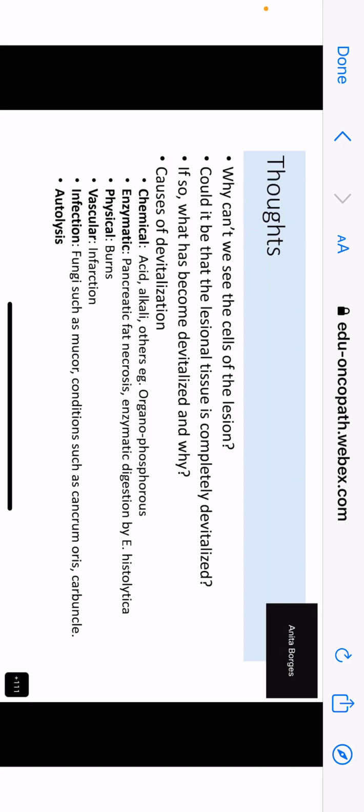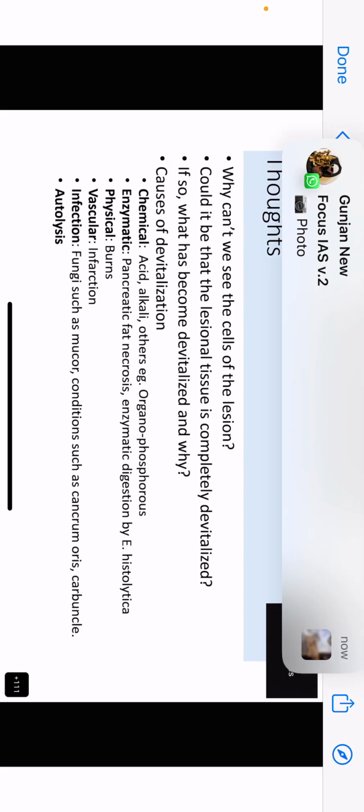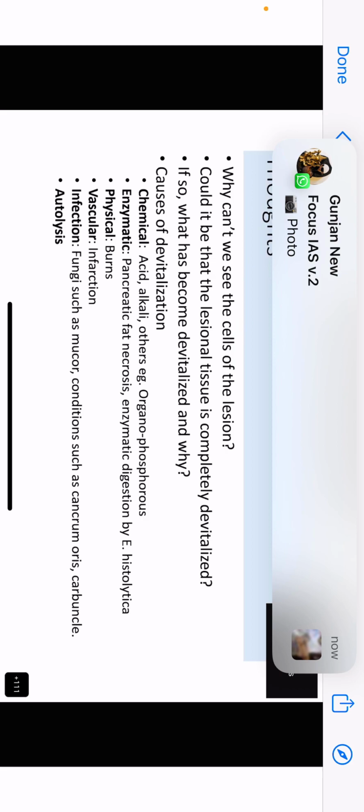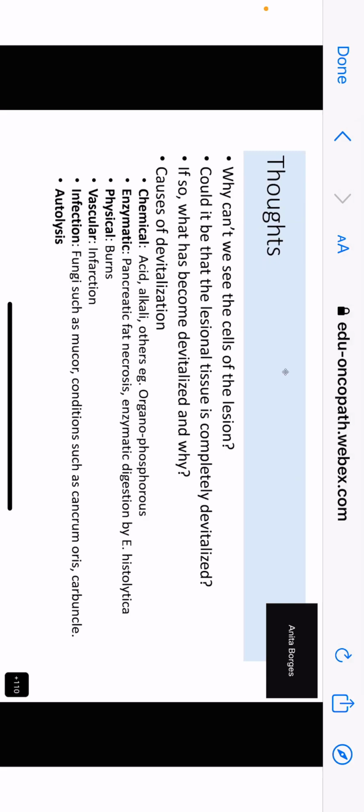All right. Now tell me, Dia, pick one. Why do you think that this stomach lesion is showing you this kind of devitalization? Come on, Dia. Ma'am, maybe because of corrosive injury. Corrosive injury. Anybody else? Maybe due to infection. Anybody had any other thoughts?